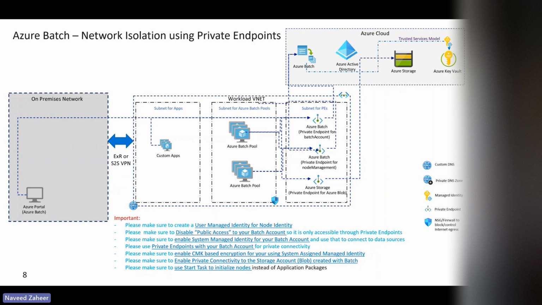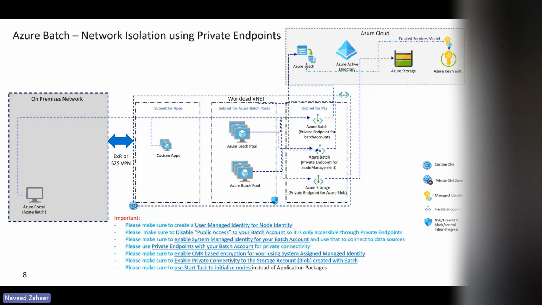If you are planning to use application packages with Azure Batch, with this type of model, where you want to place the Azure storage account as a private endpoint, this will not work. Okay, but it's not a blocker. Instead of using application packages, you can use a startup task, and that task should be able to download the files.